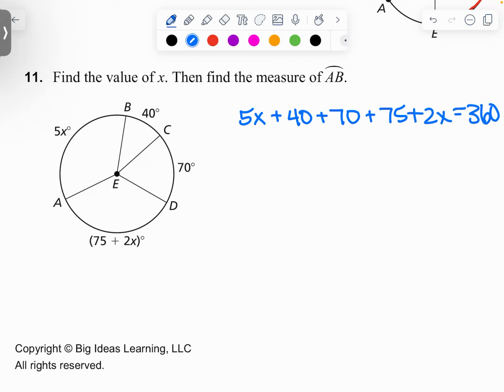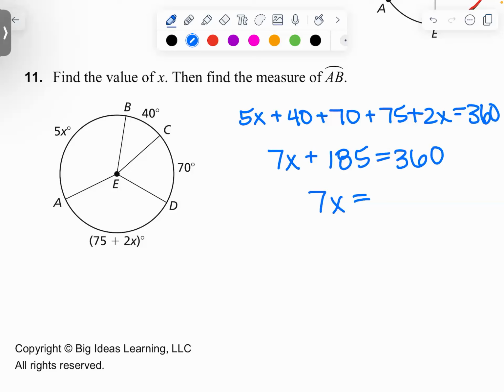So I know all 4 of those arcs should add up to equal 360. And add all the degrees, the base adds up to 185. You say 185 is what those equal? Yeah, with the 75 plus the 2x.